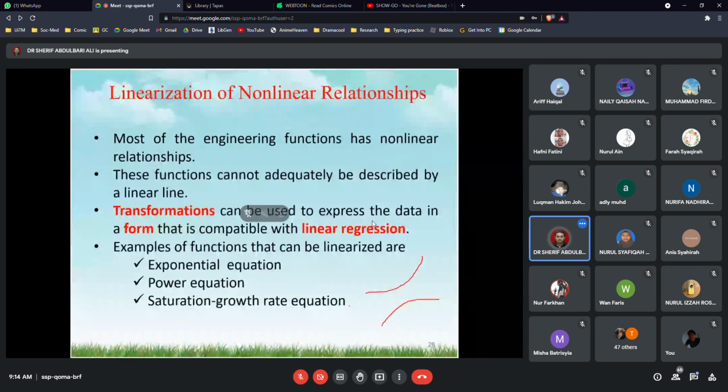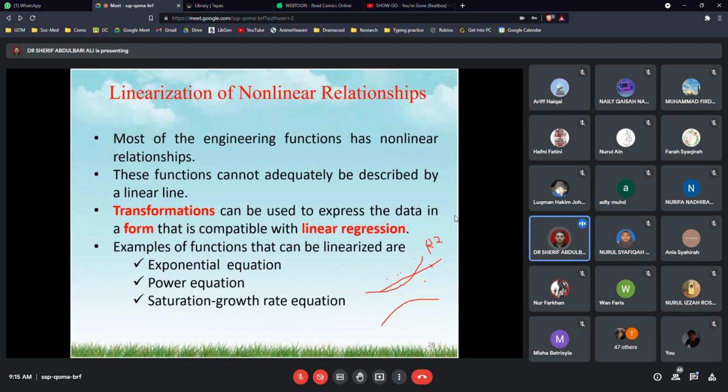So if your function is giving you a curve, it's going to be really difficult to get a high value of r square using a line. So what do we need to do in this case? For these types of non-linear relationship functions, we need to transform them to be compatible with linear regression.